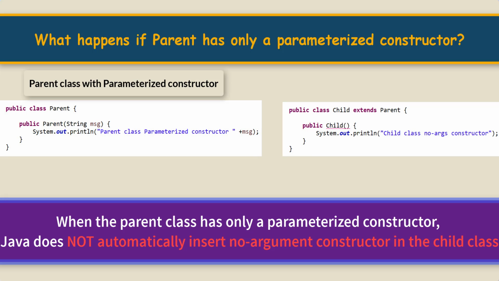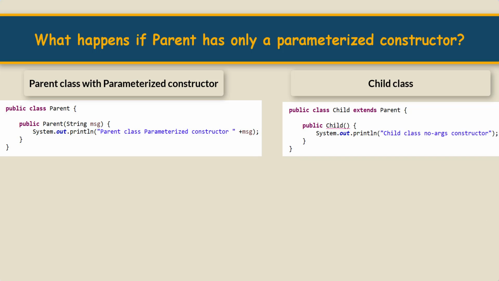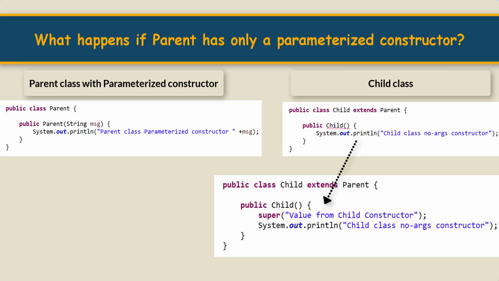In the child class, when we extend this parent class, we cannot directly compile this program unless we explicitly add the super keyword in the child constructor. As a Java rule, your program will not compile unless you explicitly call super inside this no argument constructor.